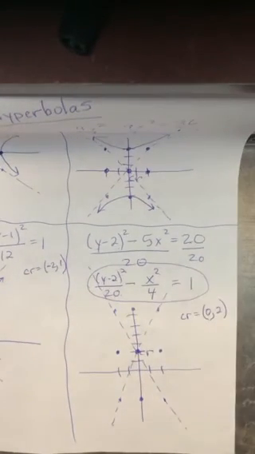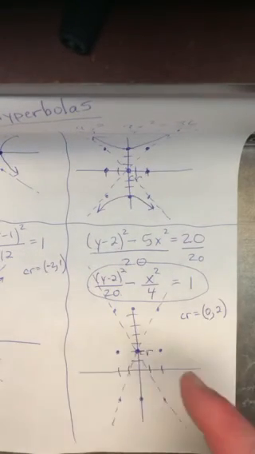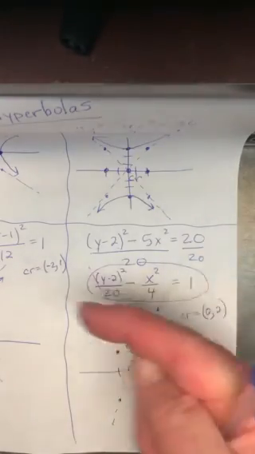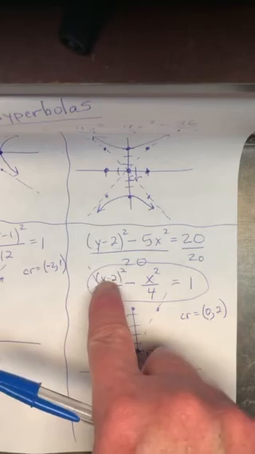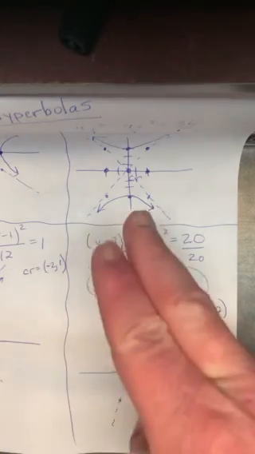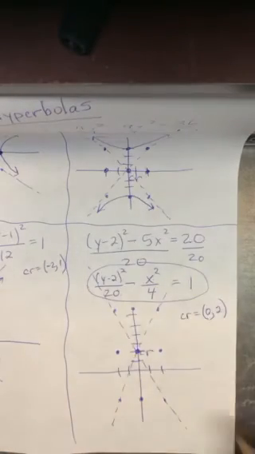And guys, I got to decide now, is it a lefty righty or an uppy downy? Again, that depends on which letter is first. Since it's y squared first, it opens up and down along the y-axis.